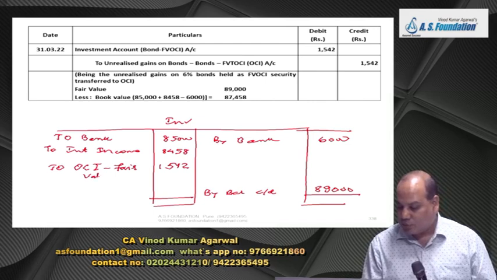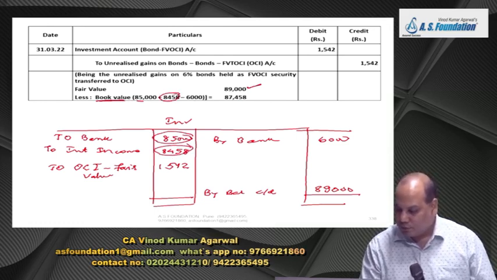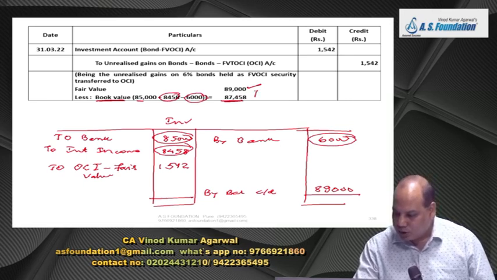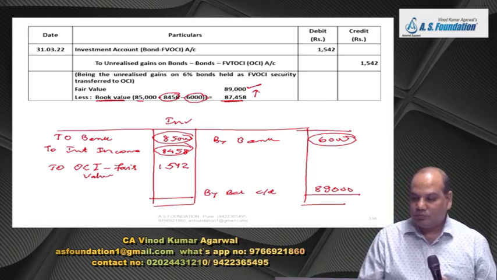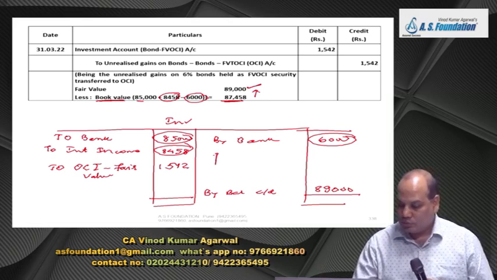But suppose they ask you to pass the journal entry, then you have to see what is my closing fair value and what is my book value. So my book value is 85,000 plus 8458 minus 6,000. So it seems my book value needs to be increased. So it will be an unrealized gain, which will be transferred to OCI. Okay, so to OCI, fair value gain.